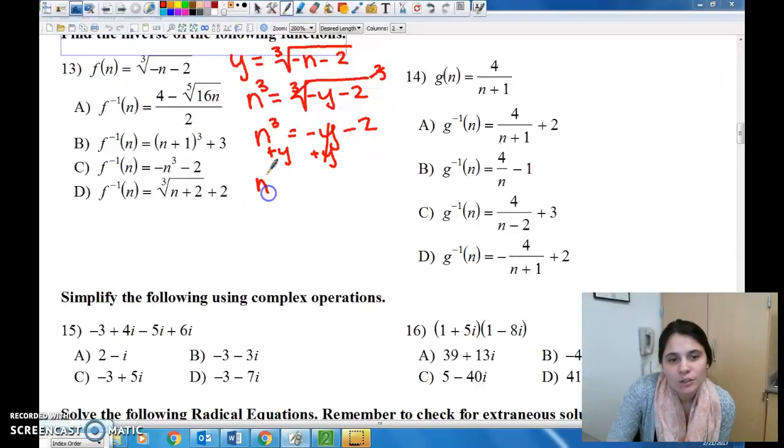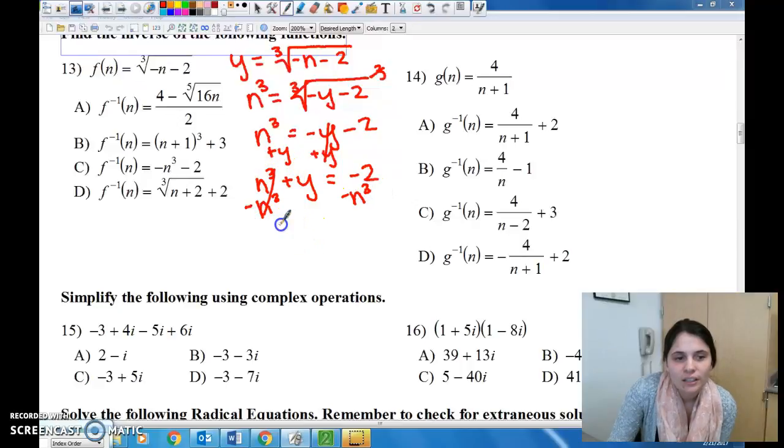So I have n cubed plus y equals a negative 2. And now to get y by itself, I've got to get rid of this n cubed. So I'm going to minus an n cubed from both sides. So these cancel. And I have y equals a negative n cubed minus 2.